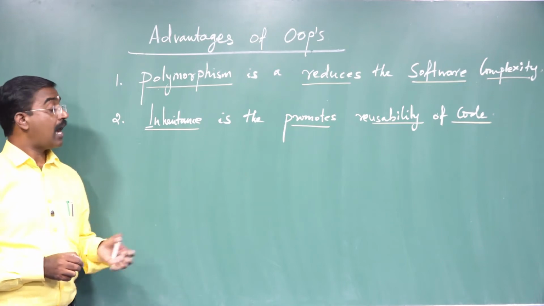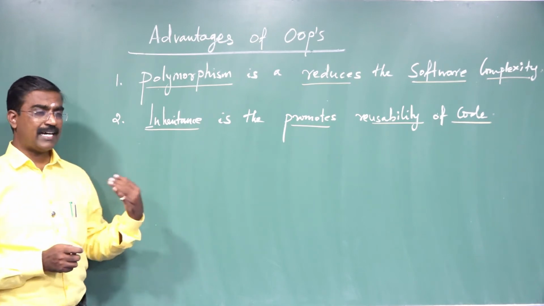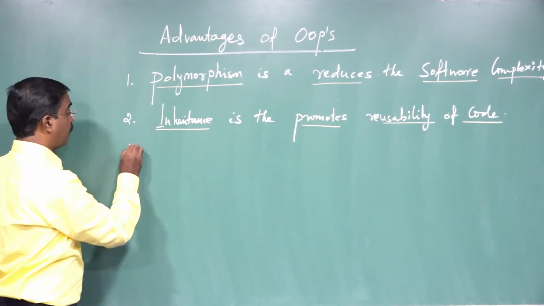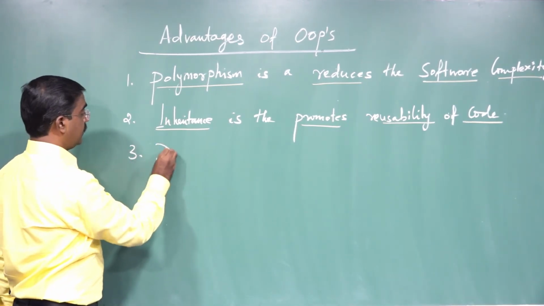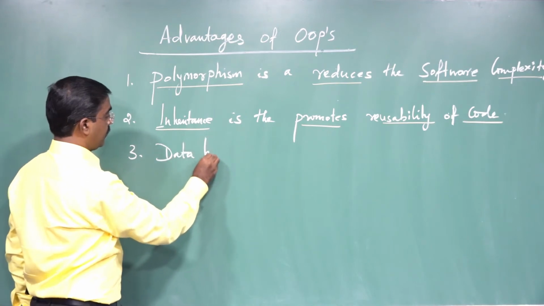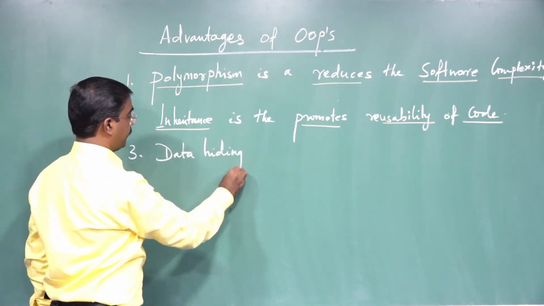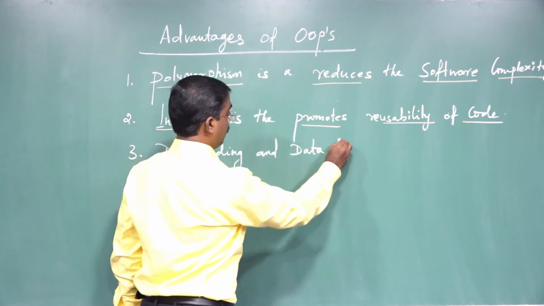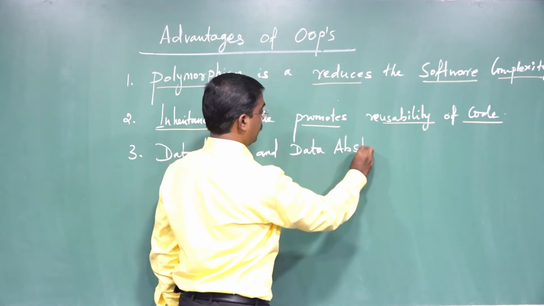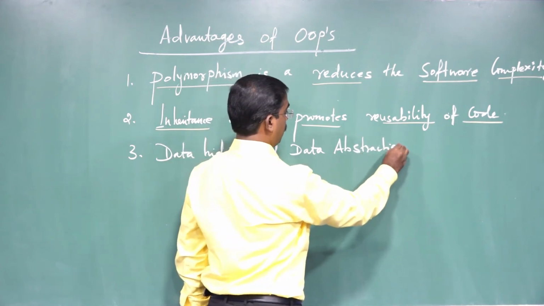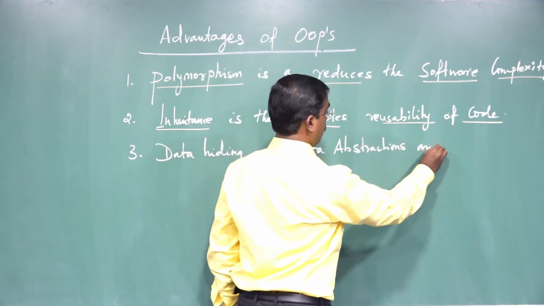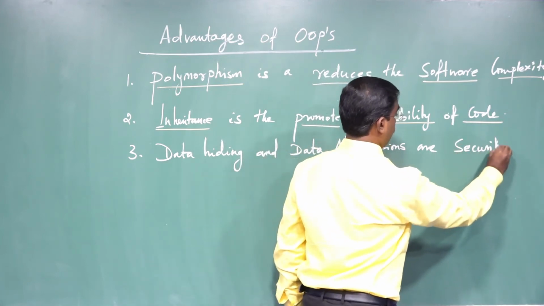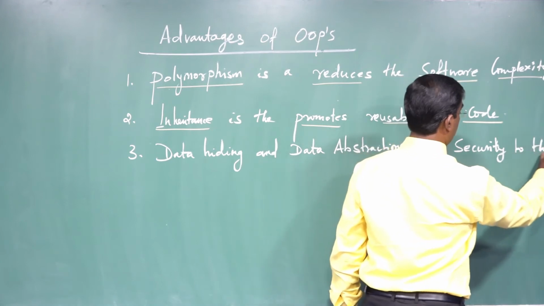Another one also is there: data hiding and data abstraction, also security to the data. Third point, data hiding and data abstraction or security to the data.